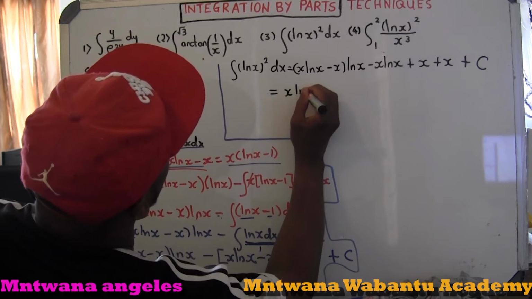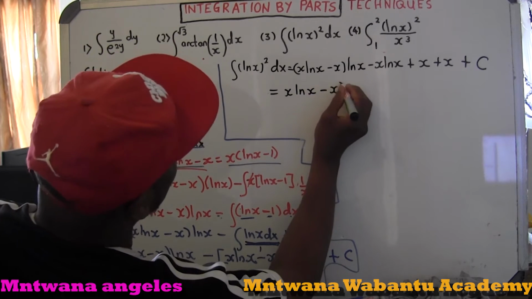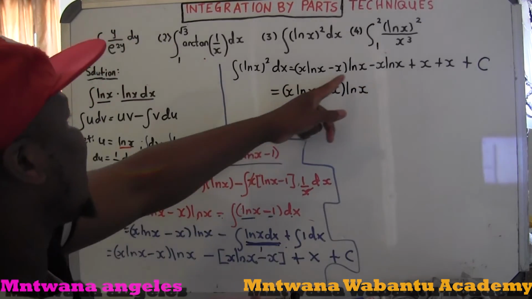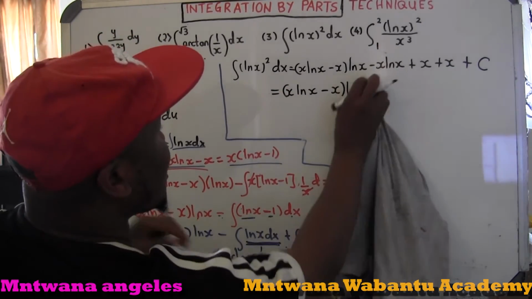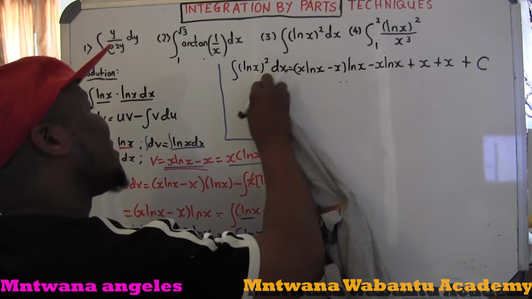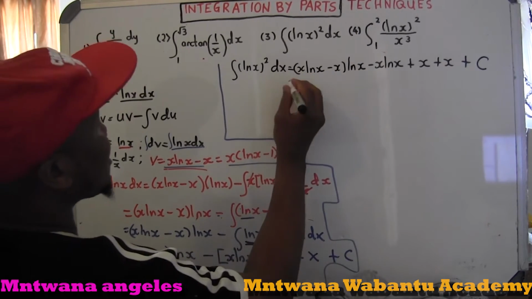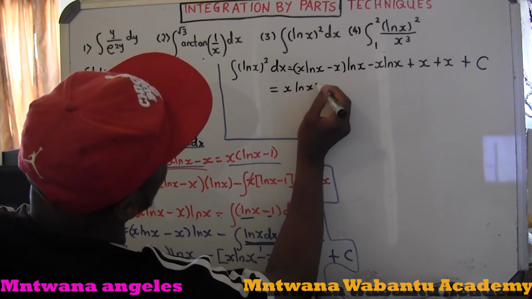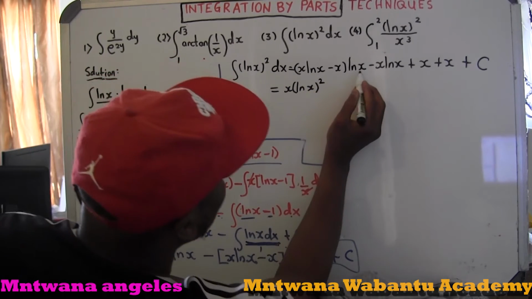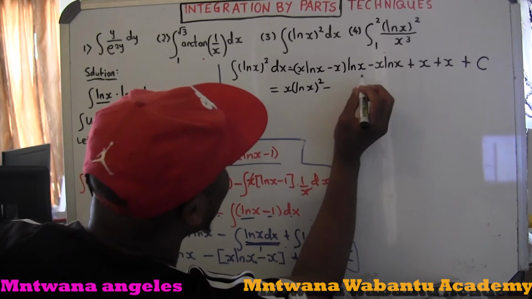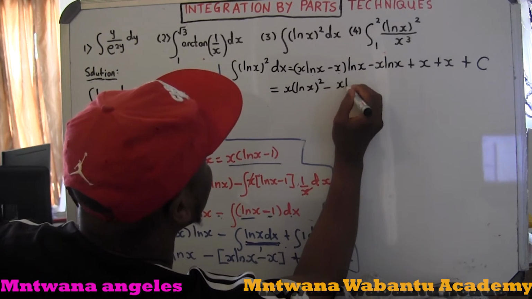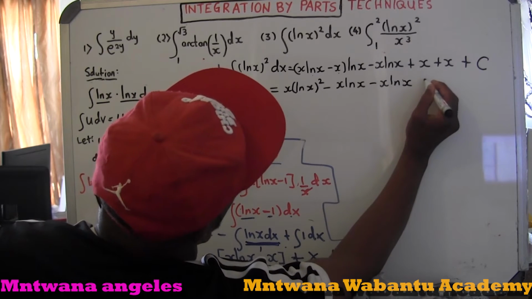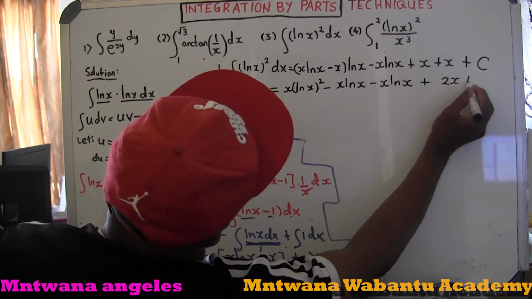So x ln of x minus x, bracket ln of x. Oh, but I think I can expand this. Let's put it in. So this time I say x ln of x squared, because you multiply this in, minus x ln of x, and then minus x ln of x plus x is 2x plus c.